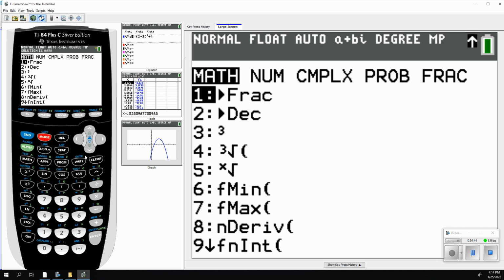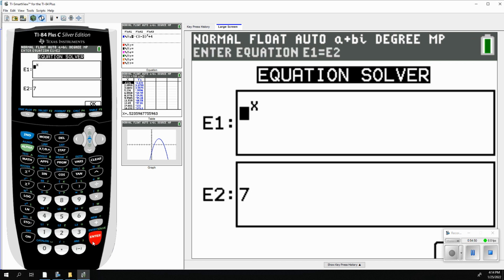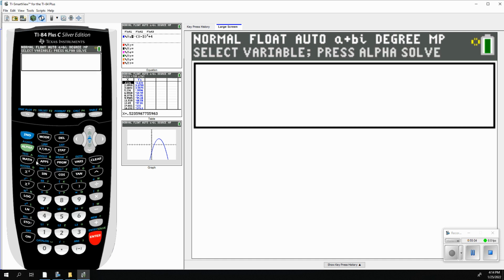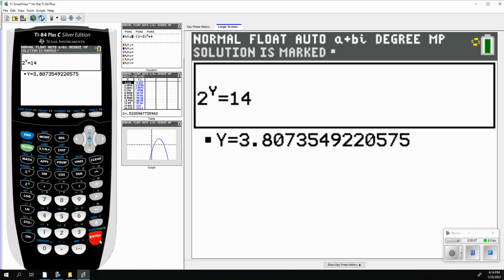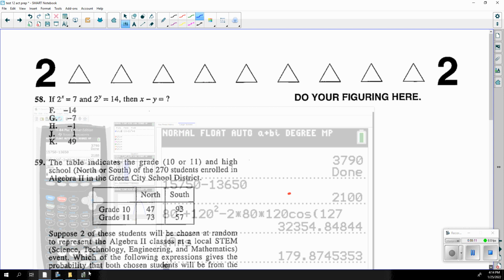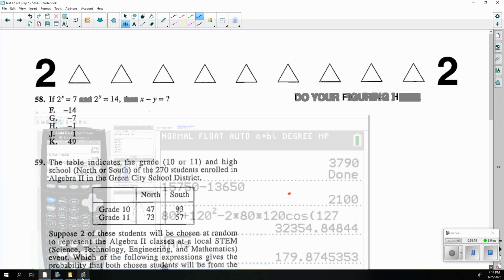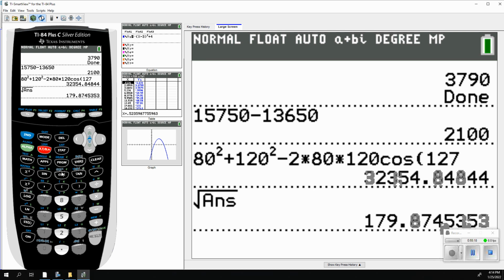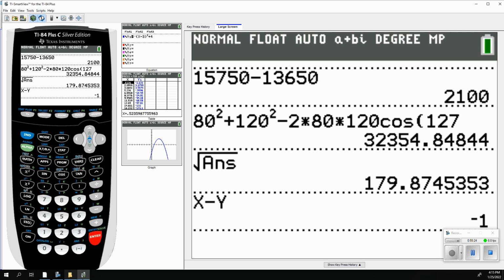So now that's stowed as x, so I can then do 2 to the y is 14. And that's going to stow that as the y. Alpha solve. So look at what they wanted to know. They wanted to know what x minus y is. Negative 1.